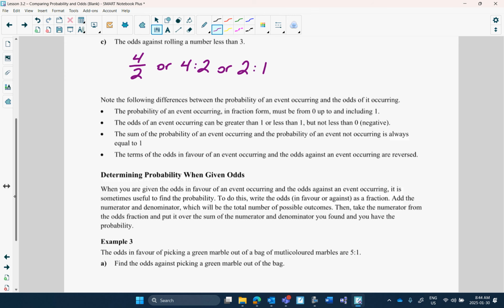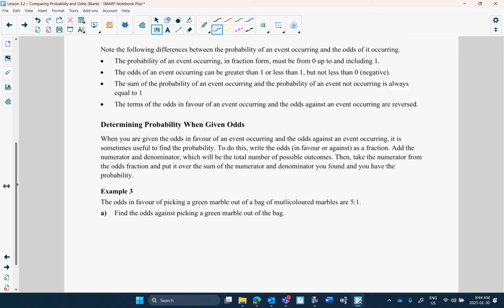Odds can be, but they can't be negative. The sum of the probability of an event occurring and not occurring is always 1. But with odds, the odds in favor and odds against are always reverse ratios. So if we're given odds, how can we figure out probability?